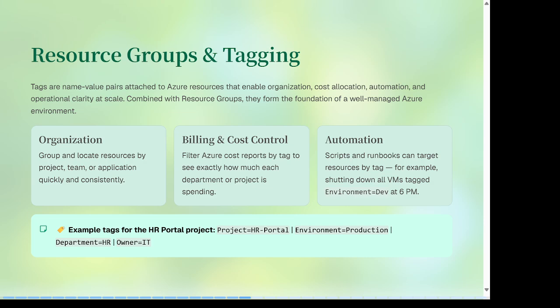Tags, metadata for resources. Tags are simple name value pairs attached to Azure resources, but don't underestimate them. They are extremely powerful. They help you add meaning and context to resources.